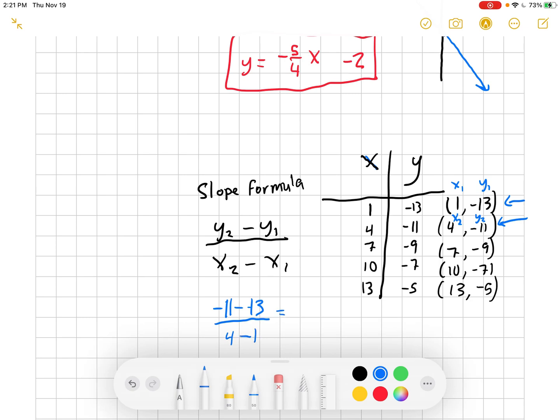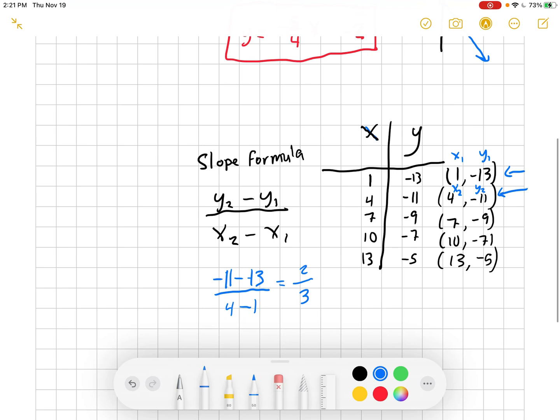We get 2 over 3. Cool. There's our slope. Now what do we do? Well, you could plug your slope into y equals mx plus b, then pick an x and y from one of your points and plug it in and solve for b.